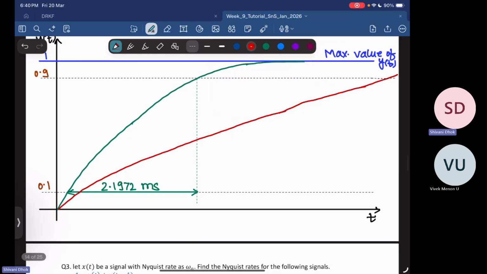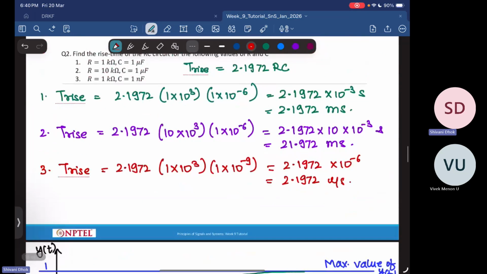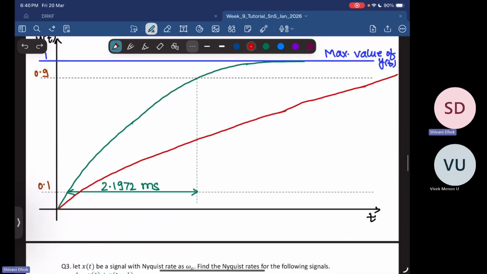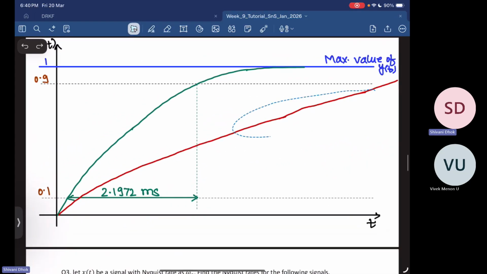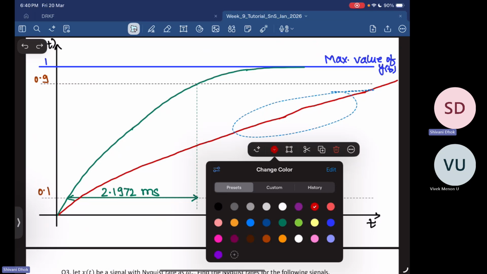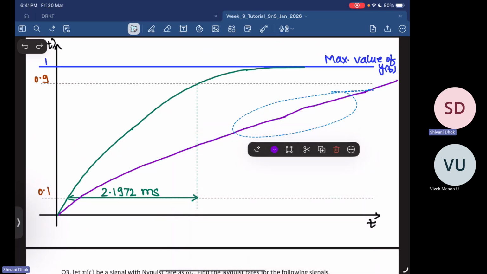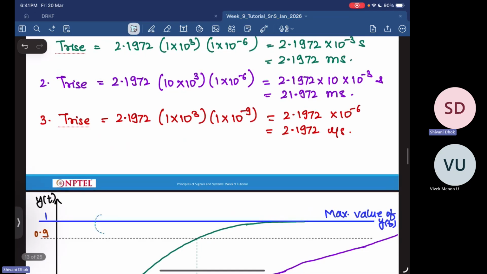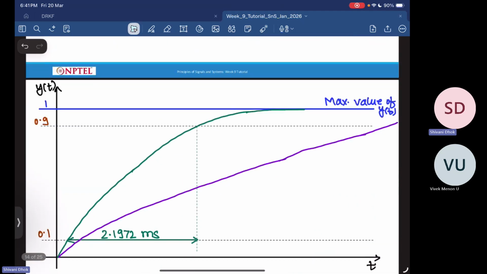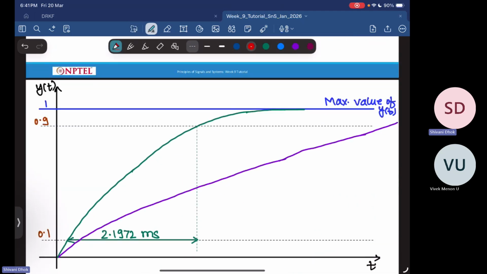So this one, let me change the color of this. Okay, so now again you have this and you have this.